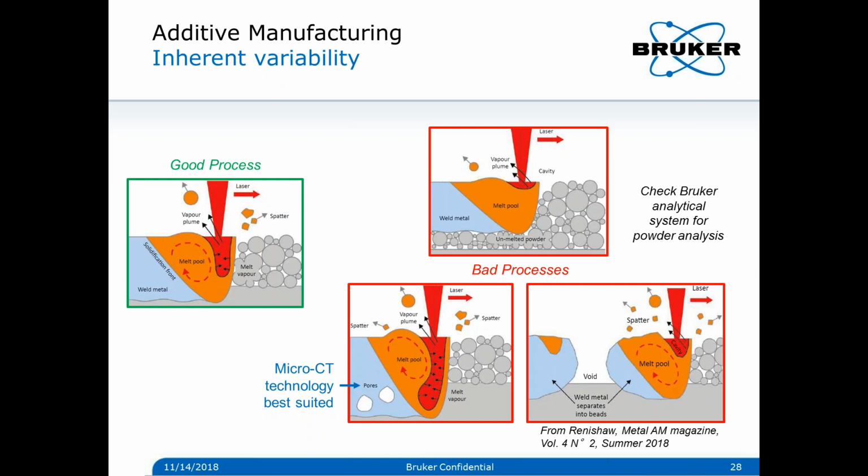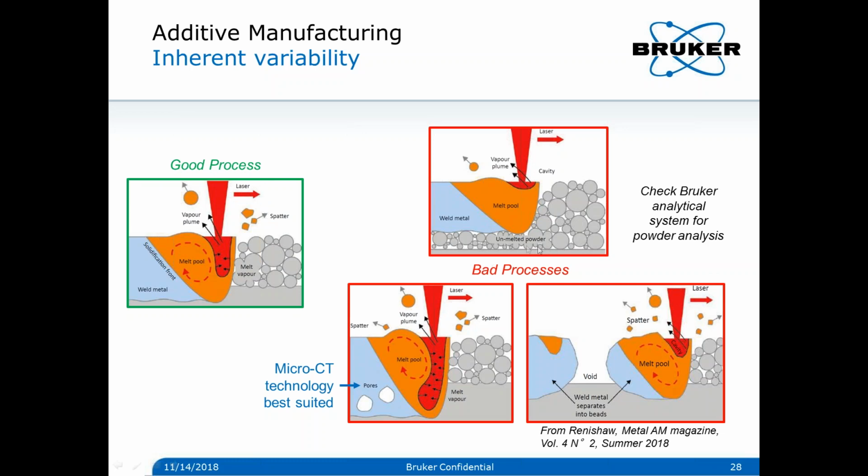We simply start with a bed of particles, which can be metal particles in that case, and we use here in that process of laser selective melting a laser that melts these powders into welded metal layers. So this is an example of a good process. There are several issues that can happen, and there are several setups to take into account.